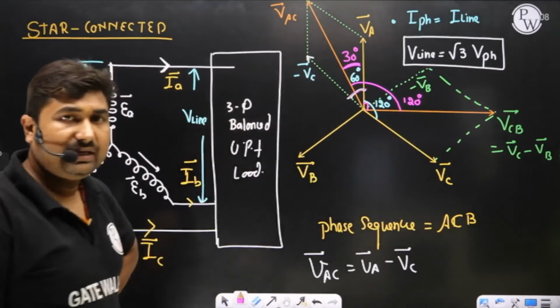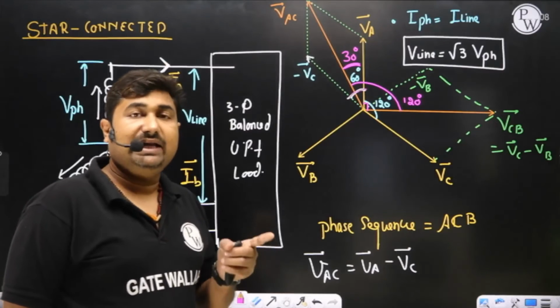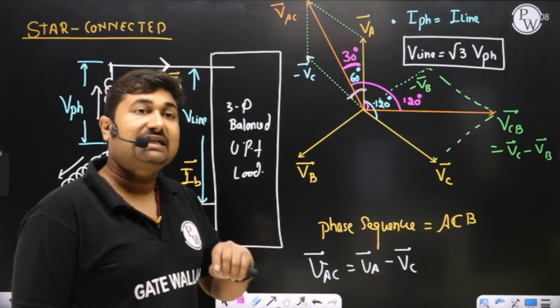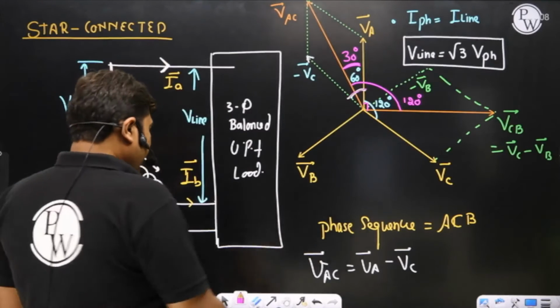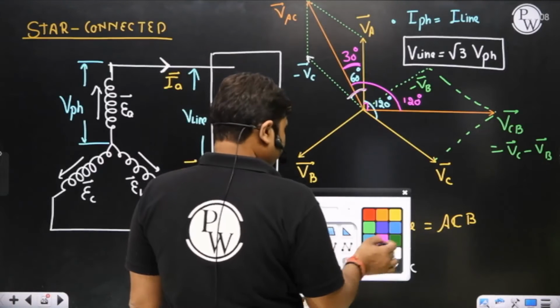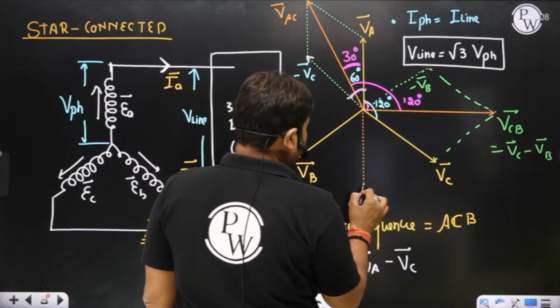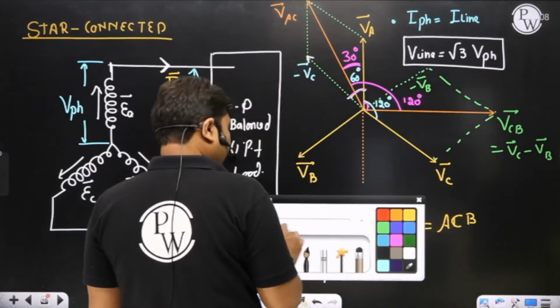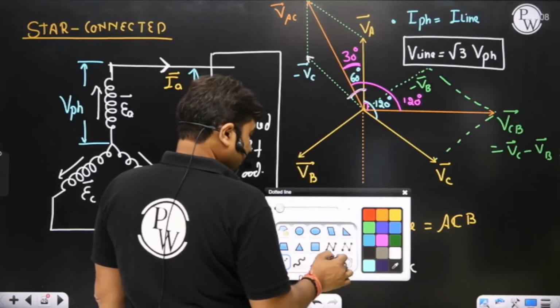So not only are phase voltages displaced in time by 120 degree, line voltages are also displaced in time by 120 degree. Further, you can also calculate VBA. What is the value of VBA? VBA is VB minus VA. So VBA can be calculated here in this manner.